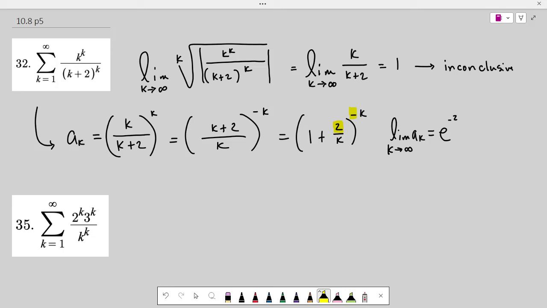So this is not equal to 0. Therefore, it diverges. The limit of a sub k has to be 0. If the limit of a sub k is not 0, you are adding e to the negative 2 to itself repeatedly out in the tail. So therefore it diverges.